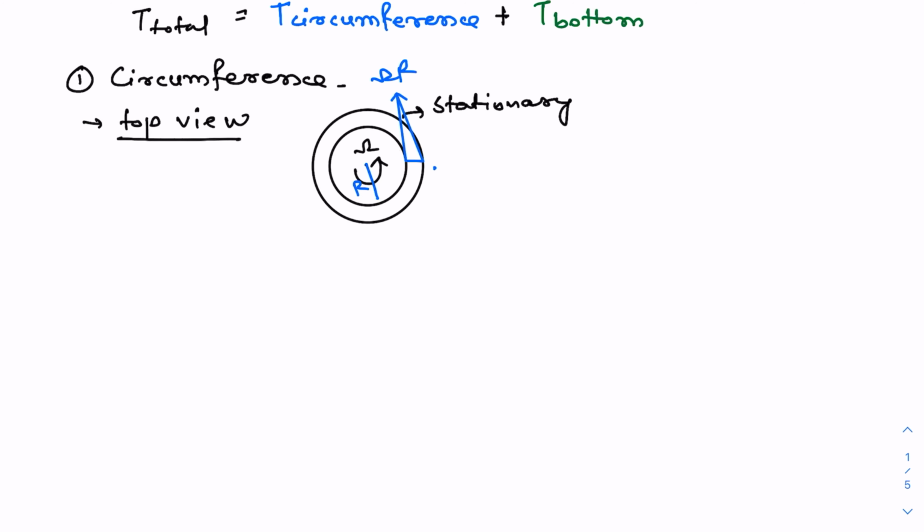So let's first find out the velocity gradient. Here this is the direction r and this is the direction theta. So here the velocity gradient is du theta by dr, that is the theta direction velocity changing with the r coordinate.